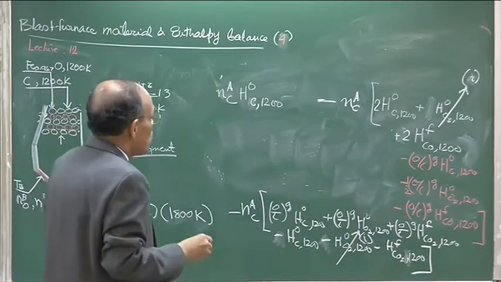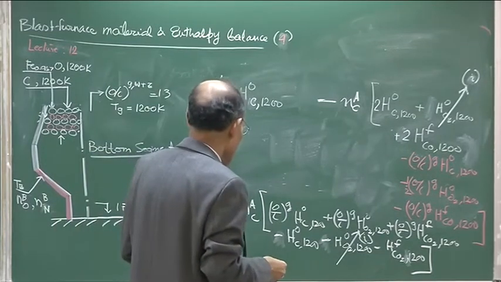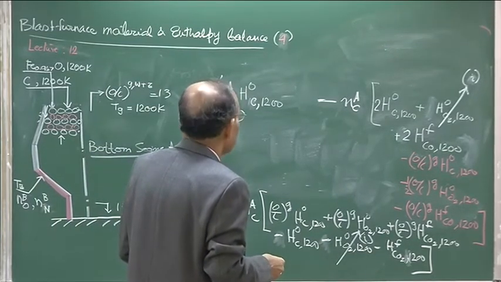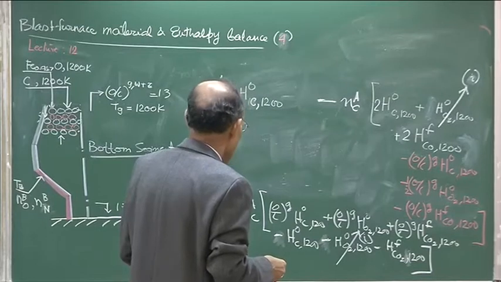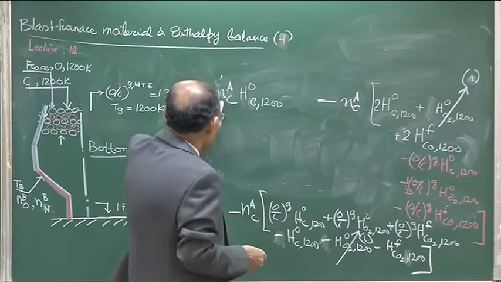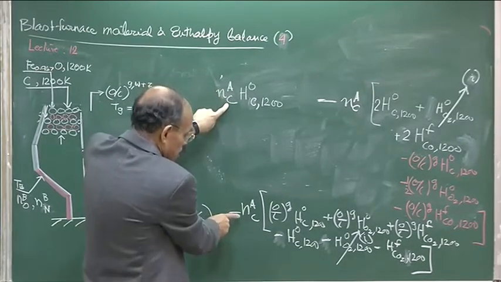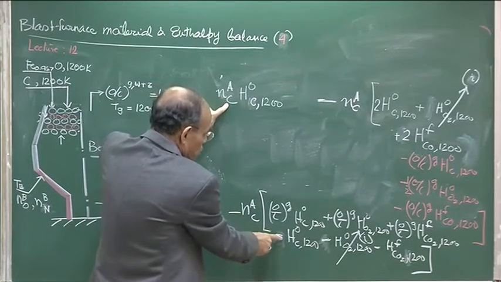There are carbon terms also which should get eliminated, if not totally, it should get eliminated partially. So, we have seen here NAC 1200, you can imagine this. If you open up the bracket, then this and this will become positive.